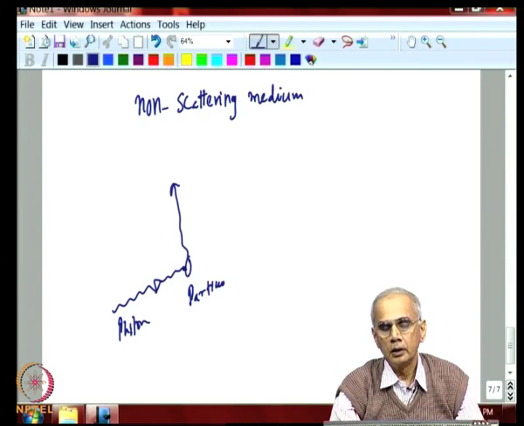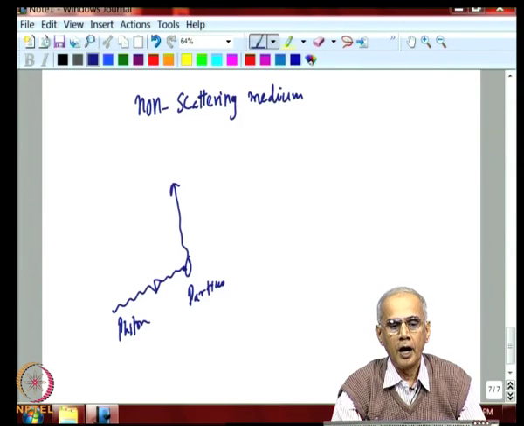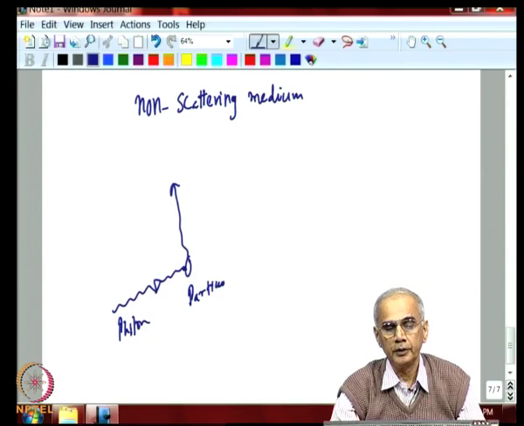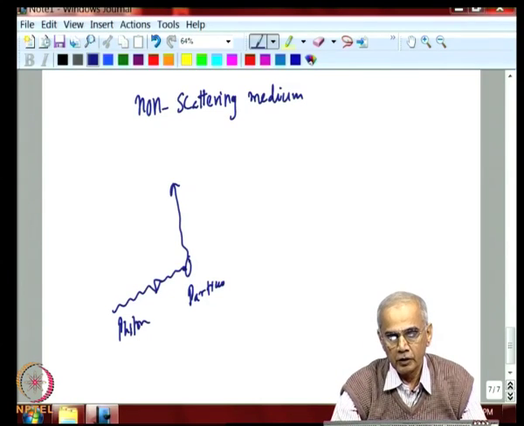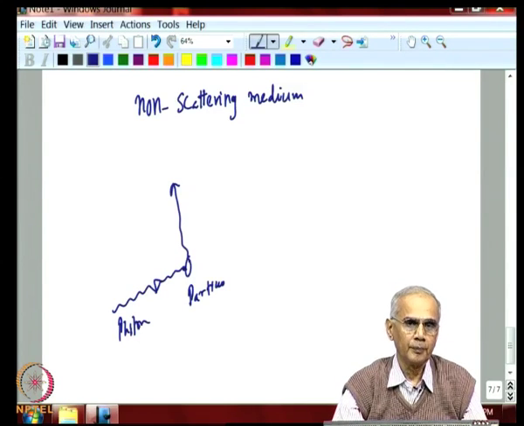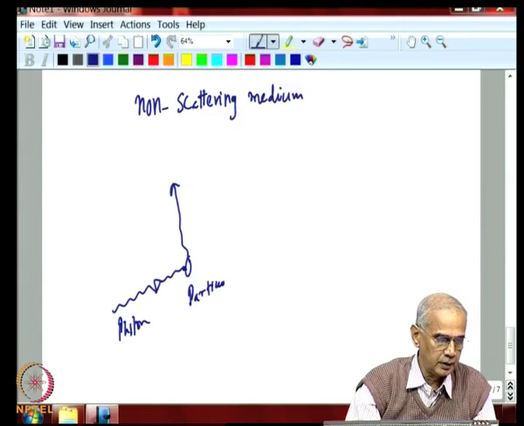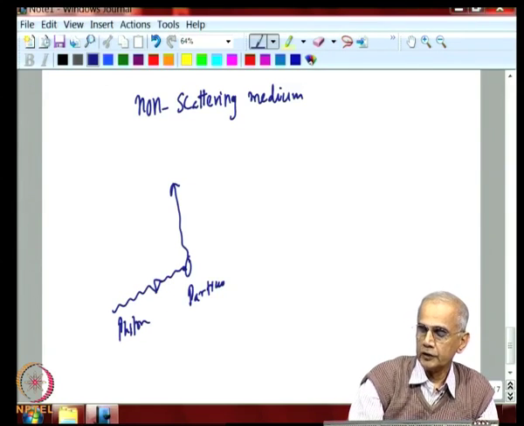So, the presence of particles in a medium fundamentally alters the direction of movement of the photons, and that makes the geometry problem much more complicated. Remember that so far we had dealt with a non-scattering medium, and we could generally treat directional effects through some kind of kernel approximation, in which you took a mean direction and calculated, and we got very good answers as we saw just now for the convection problem.